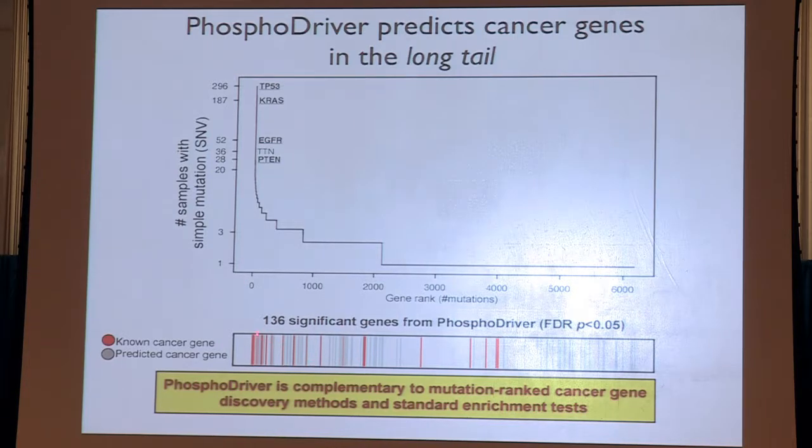All the gray lines are genes that we predict are mutated more than you expect, and the red lines are known cancer genes. Some of the known cancer genes aren't mutated that often in 800 tumors.